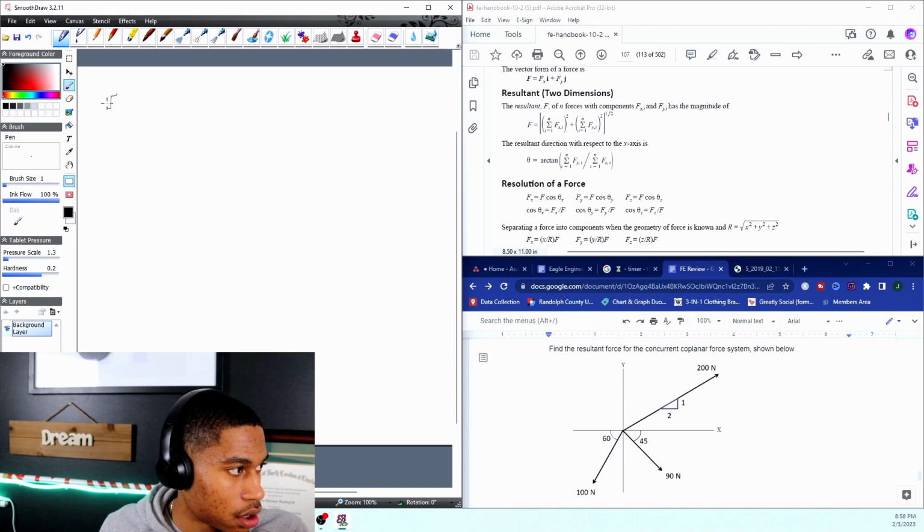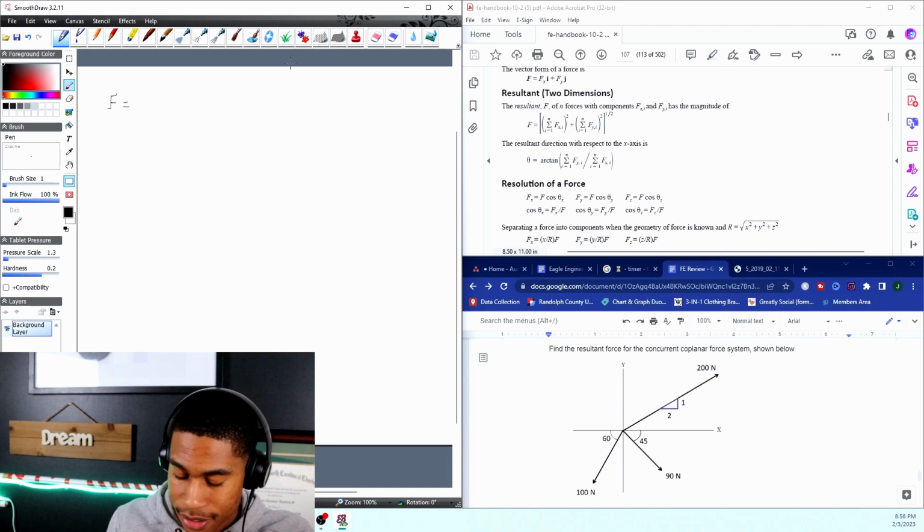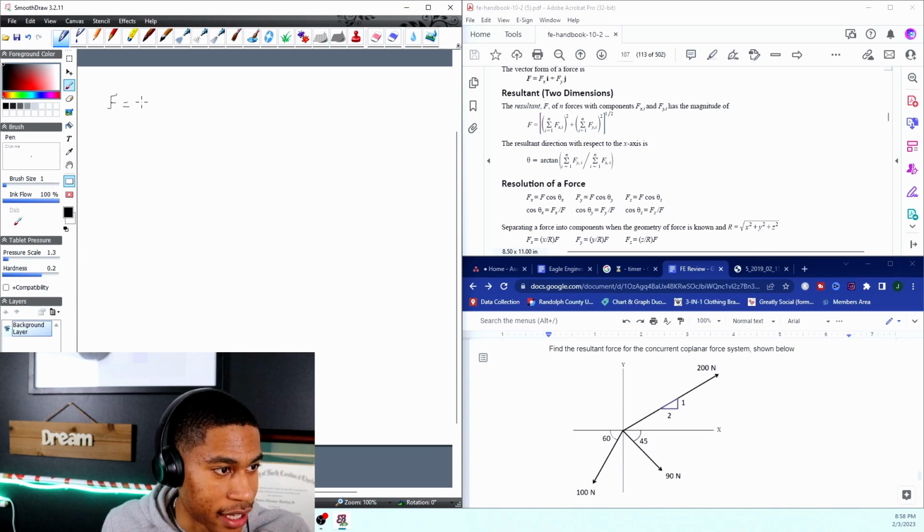So basically what this is saying is my F, and please don't mind my handwriting. I promise I didn't try to draw that F like that, but it is what it is.